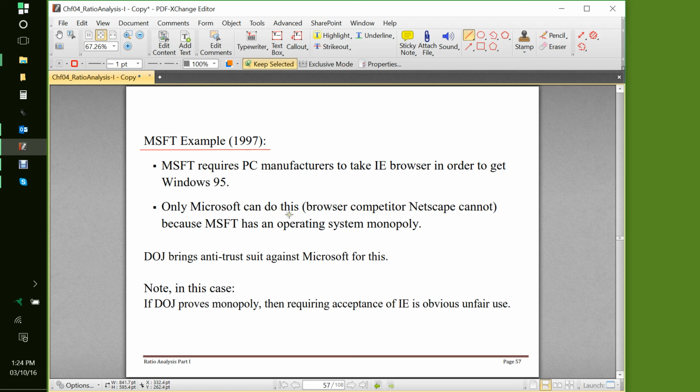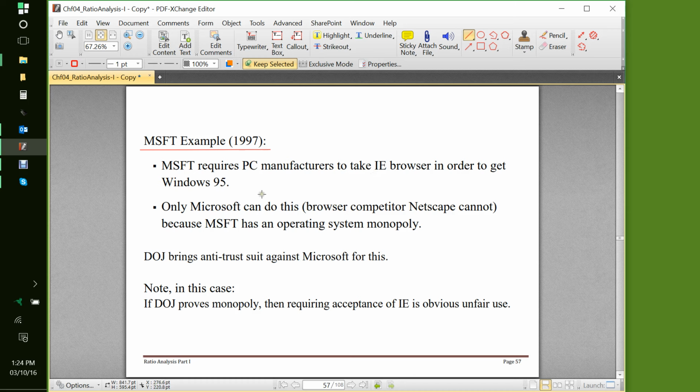Back at this time, there were other companies that sold internet browsers. Internet browsers weren't given away for free like Chrome and Safari and Firefox are these days. They were sold as programs, just like a word processing or spreadsheet program.